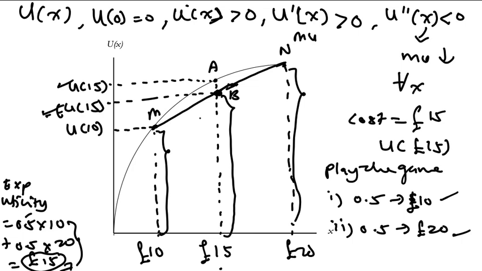Now, as you can see here, when the expected utility is lower, then we could understand why risk-averse people have a lower tendency to play the game compared to the risk lover.